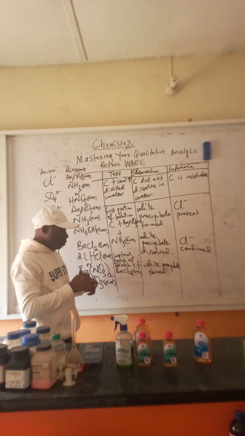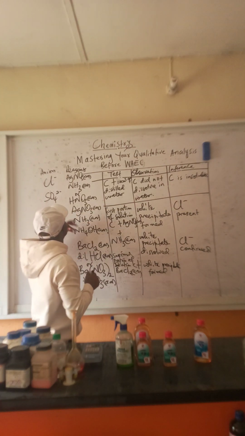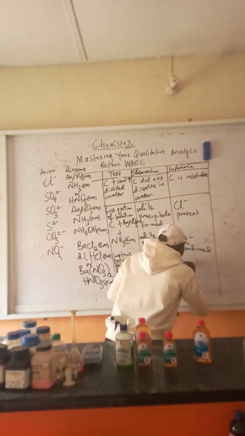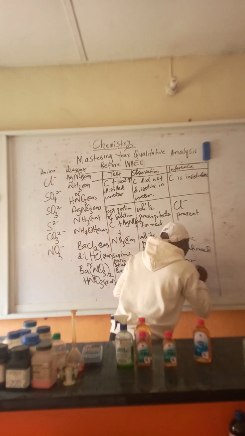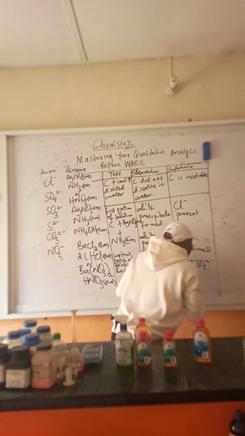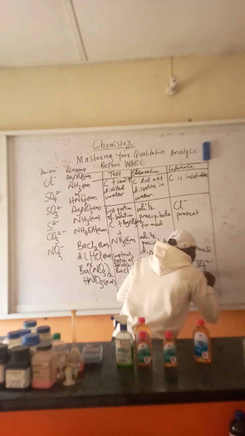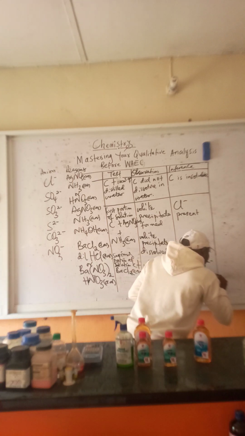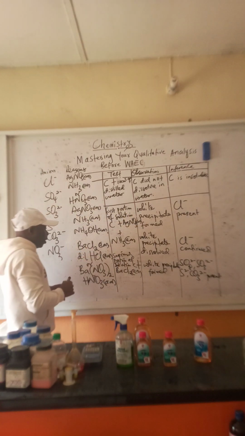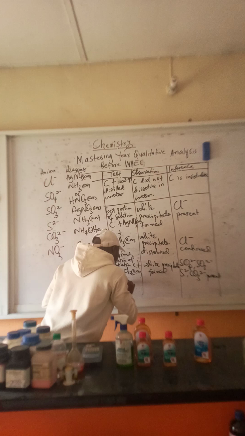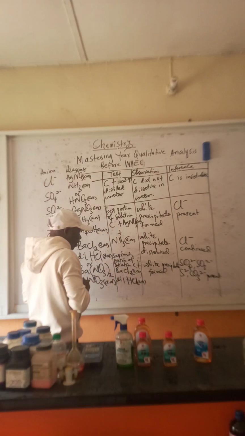Now, when you see a white precipitate, you're suspecting either SO4 2 minus, or SO3 2 minus, or S2 minus, or CO3 2 minus is present. To confirm any of these, you then add dilute HCl solution.